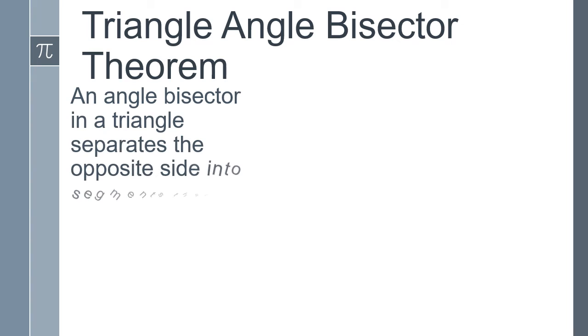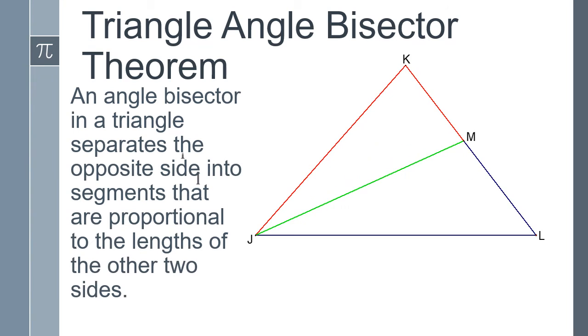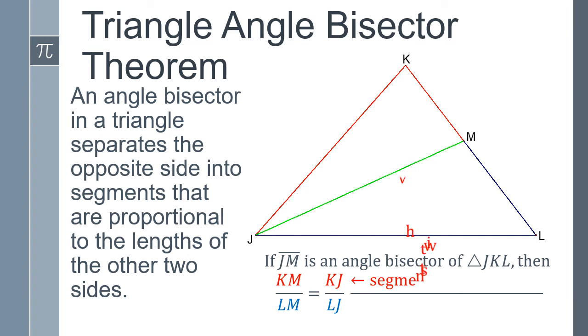The triangle angle bisector theorem says an angle bisector in a triangle separates the opposite side into segments that are proportional to the lengths of the other two sides. So if segment JM is an angle bisector of triangle JKL, then KM over LM is equal to KJ over LJ. Okay.